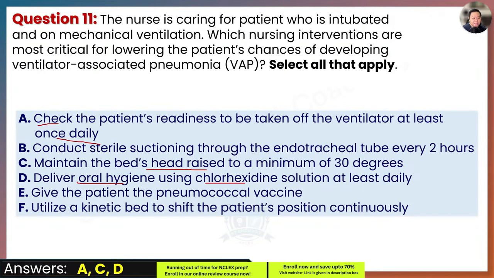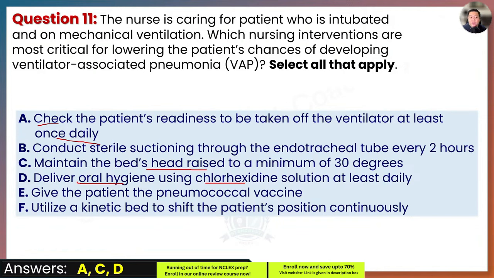Let's take a look into letter B. Conduct sterile suctioning through the endotracheal tube every 2 hours. So this is implied as routine suctioning. We know that suctioning is necessary when secretions are present or the patient is in respiratory distress. But routine suctioning every 2 hours is not recommended unless there is a clinical indication such as visible secretions or signs of respiratory distress.